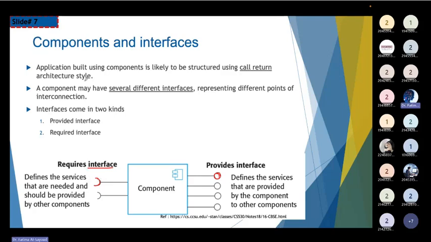An application built from components is likely to be structured using a call-return architecture. So again, the same concept that I just said: we don't talk about each unit on its own. المعلومات related to each other.